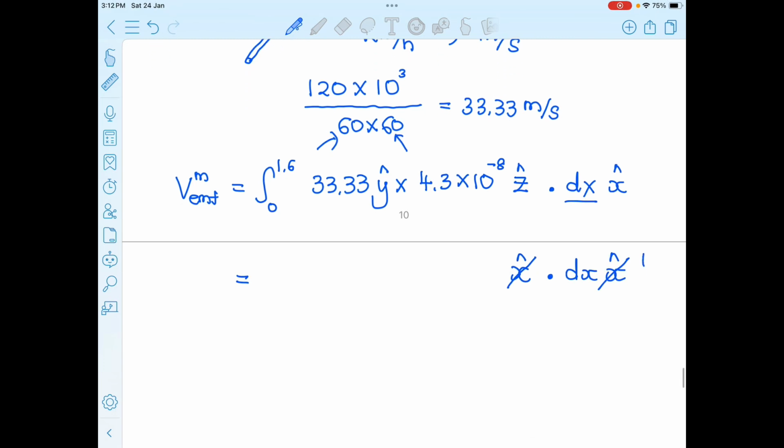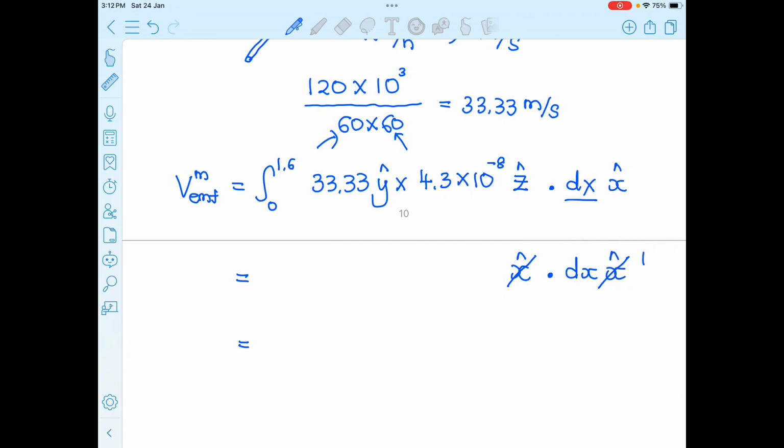So now it becomes 33.33 times 4.3 times 10 to the power -8, which is 1.43 times 10 to the power -6 here. Next we can do the integration, where we multiply it with 1.6.